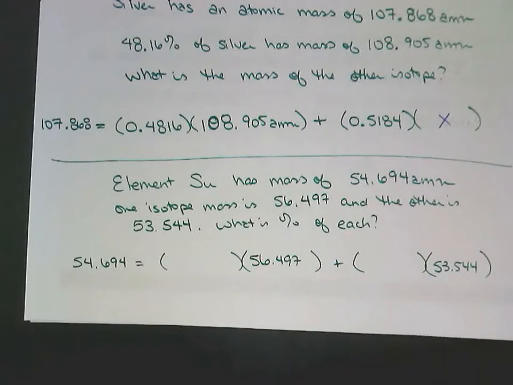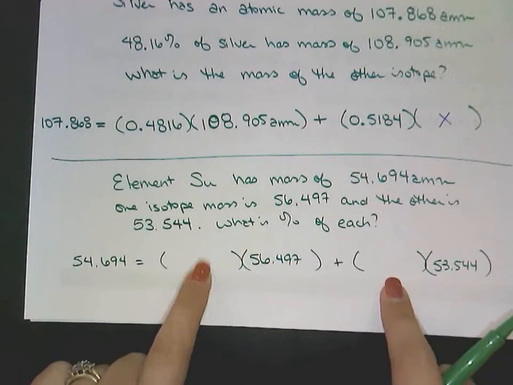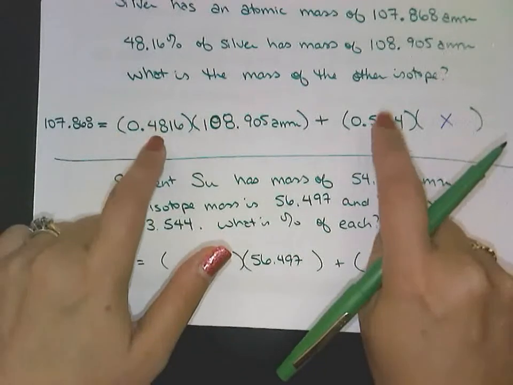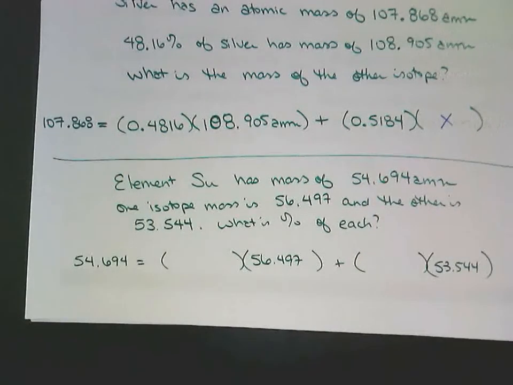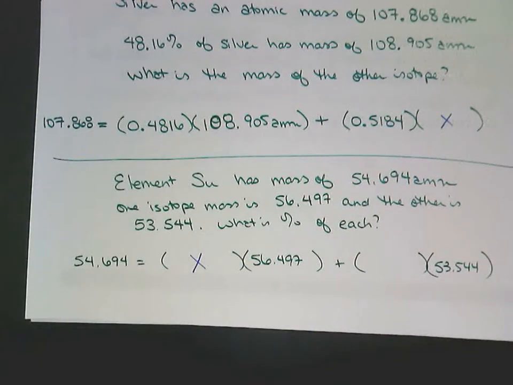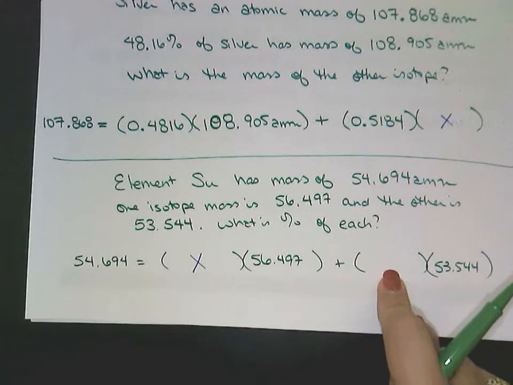How are the two percentages related? Right, they all add up to 100, or in decimal form, they add up to 1. So if I call this one X, how do I know what this value is if they add up to 1? It has to be 1 minus X.